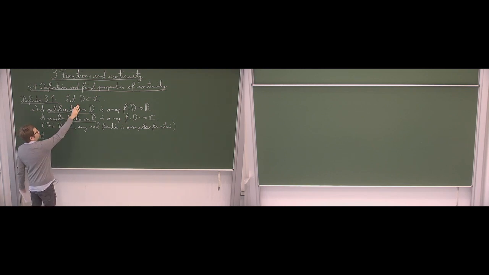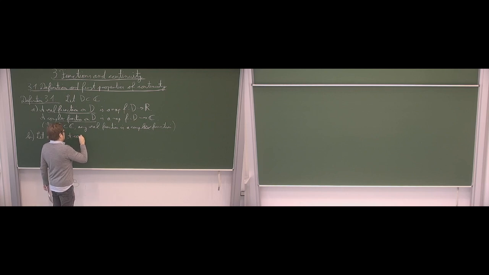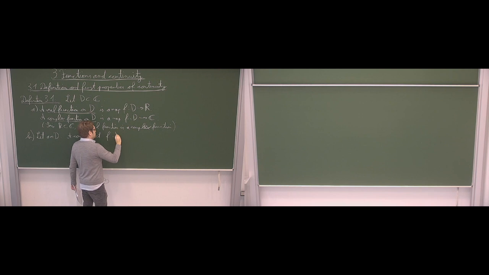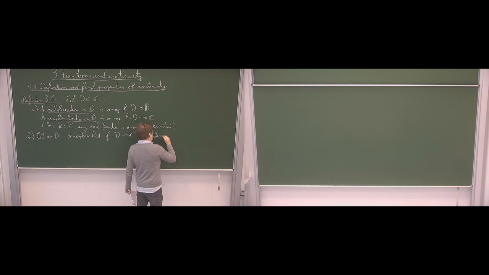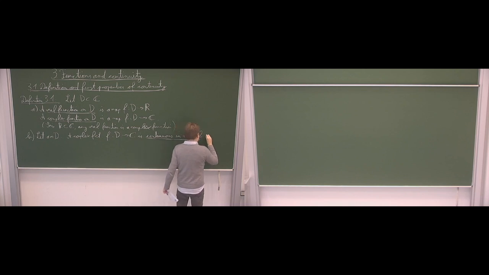Okay, first of all, we have a function. So we have a subset D, which should be the domain of our function. And now we take one particular point a in D. Now we say a complex function f from D to the complex numbers is called continuous in a if the following holds.